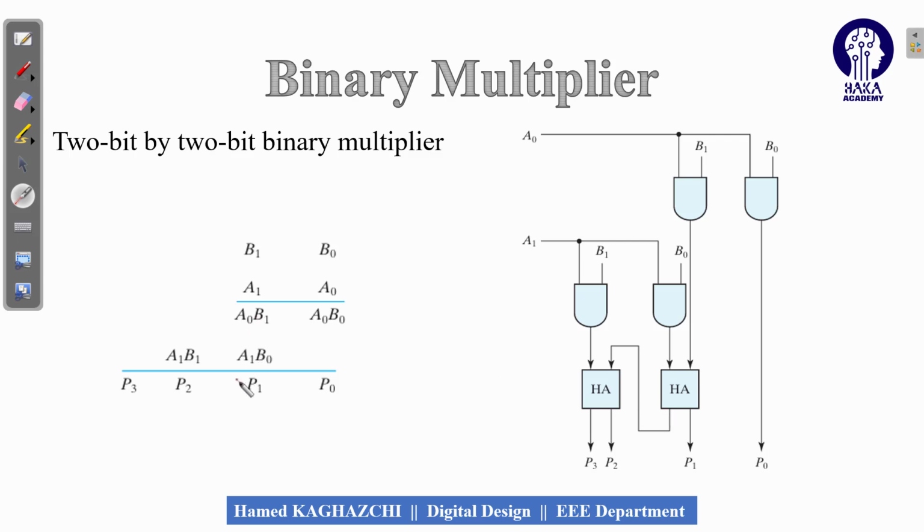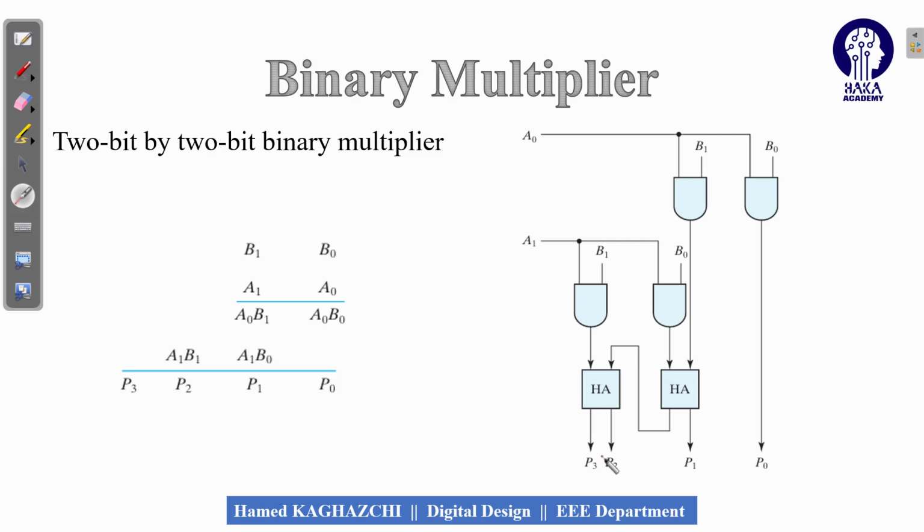This carry from here comes here. And again, the carry of the previous one is added to a1 b1, which comes from here, to produce p3 and p2.